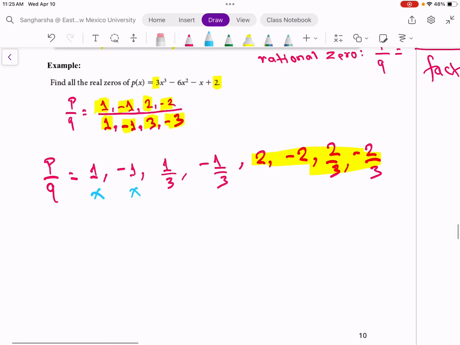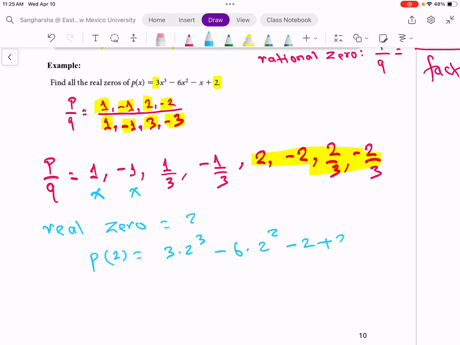Okay, so one real zero is 2. And how do we know that? You substitute 2 for every x. So we have 3 times 2 cubed minus 6 times 2 squared minus 2 plus 2, and this is equal to 0. So if you get output 0 when you substitute this rational zero, then this 2 is the real zero.